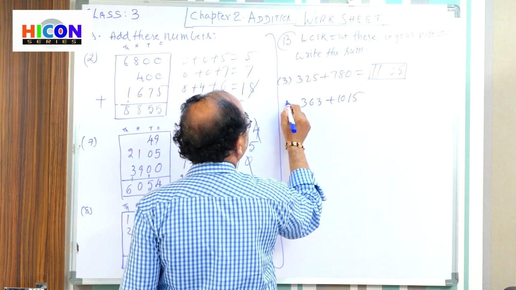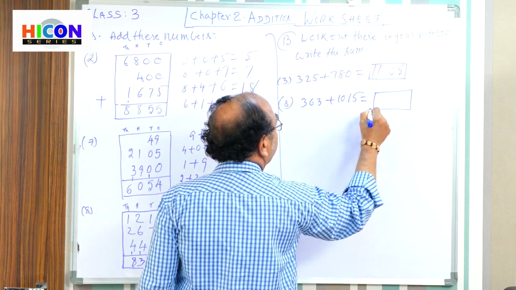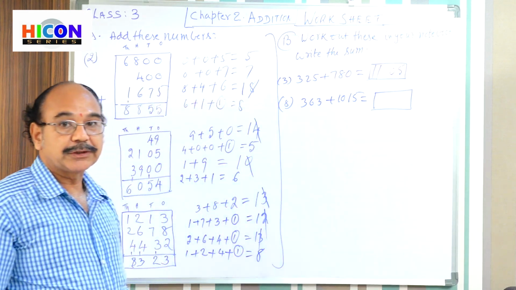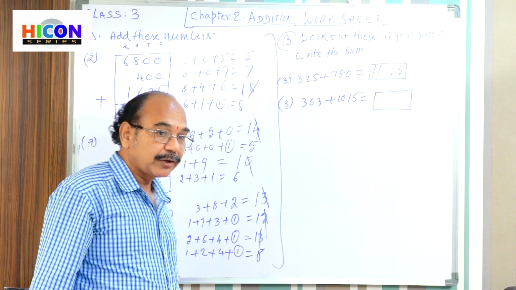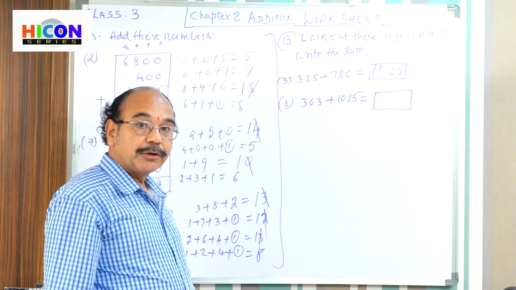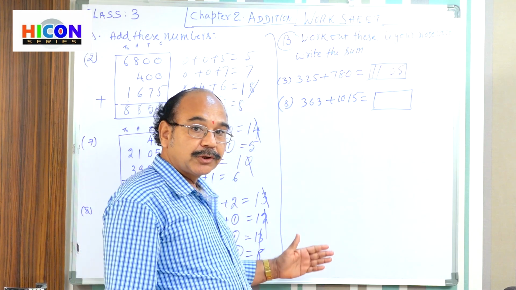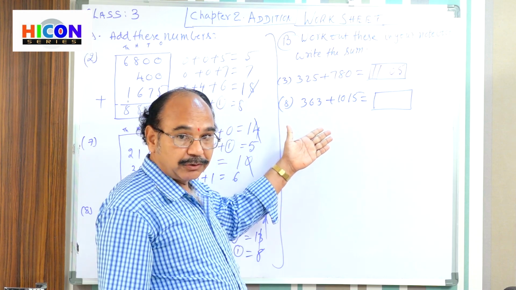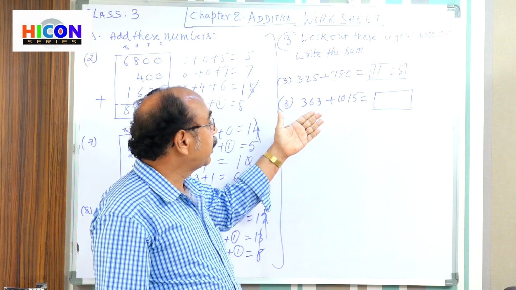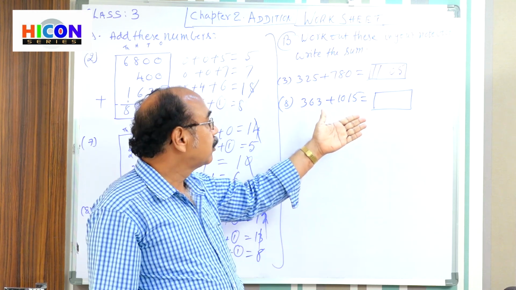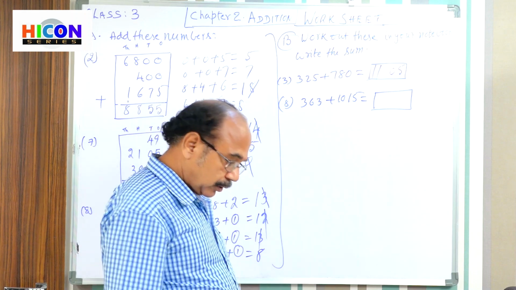This is question number 8, what is the answer? Okay, you can do the mind calculation, because you are well practiced about these lessons. That's why just by keeping in mind, we can fill up this blank. You do the addition.